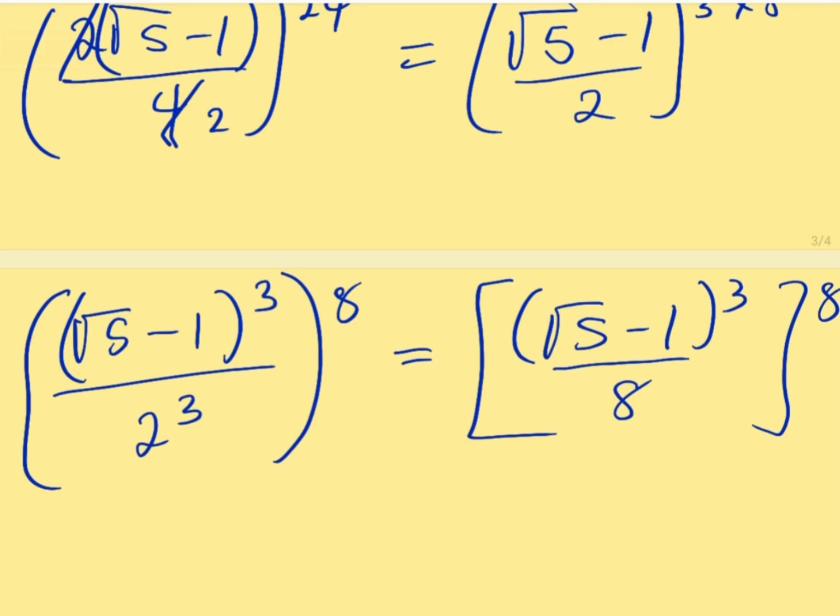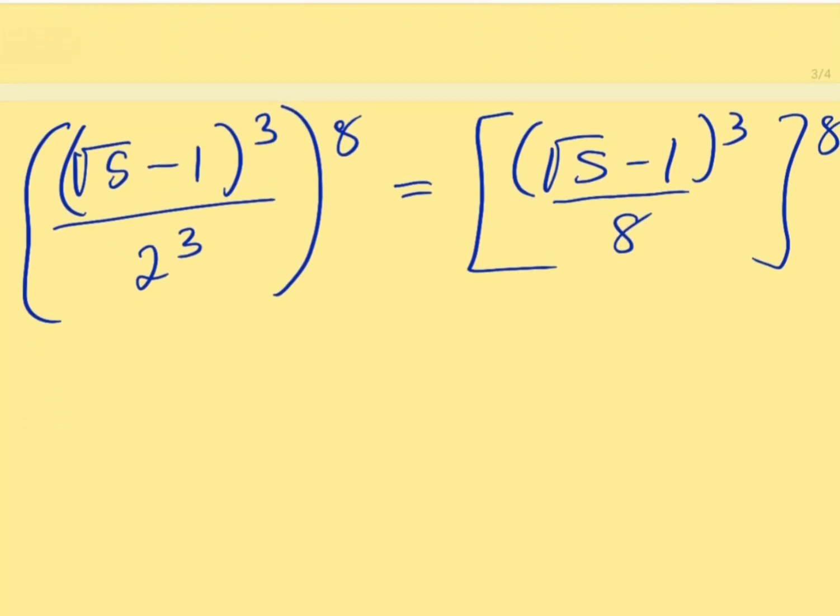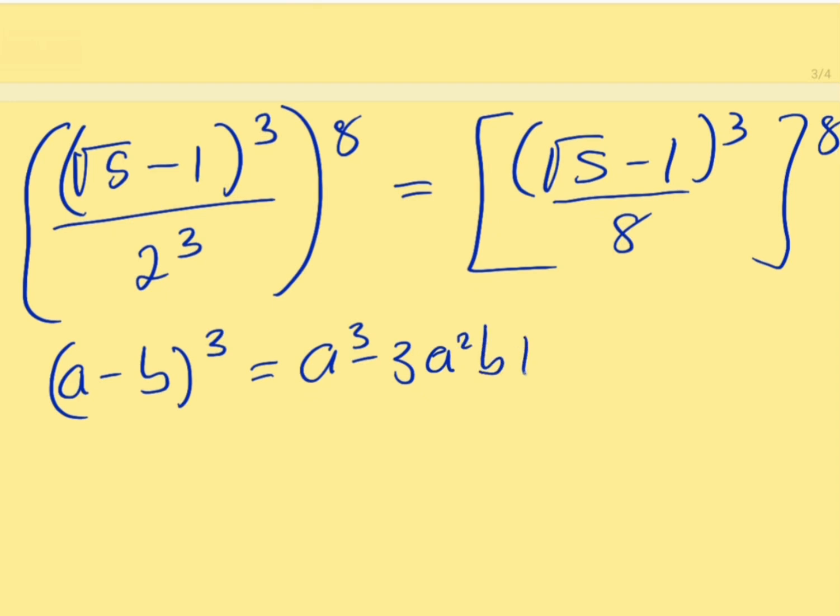Now, when you have a minus b all to the power of 3, that will give you a cube minus 3a squared b plus 3ab squared minus b cubed. This is what it will give you when you expand.